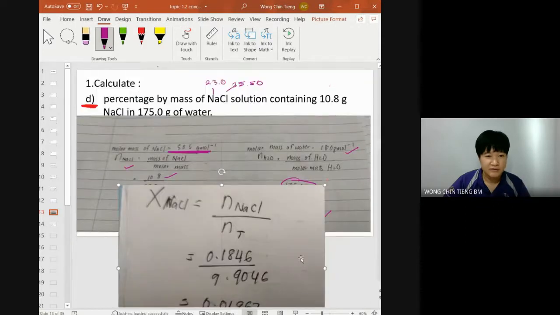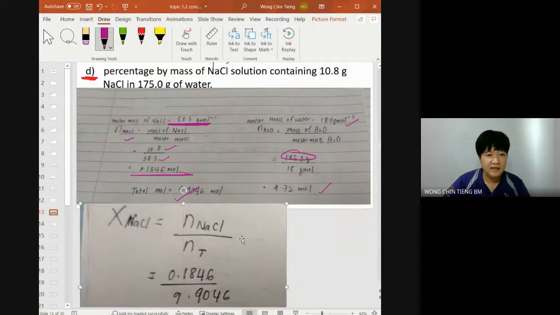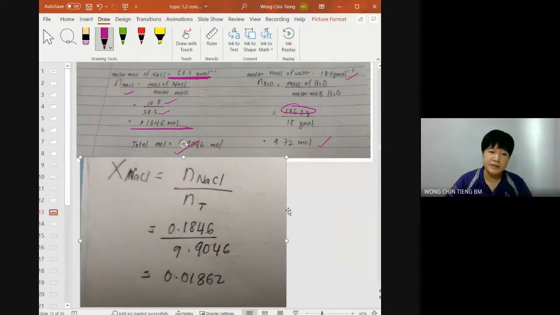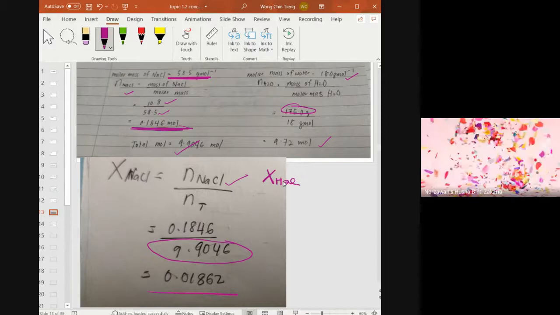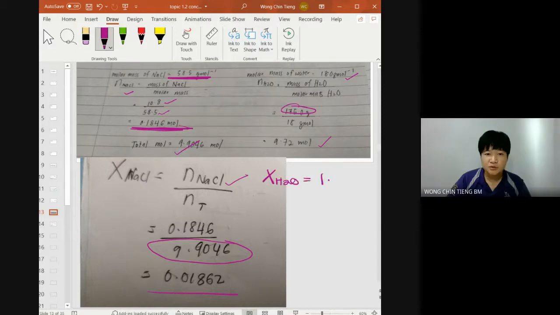Okay, and then from there, once you have both numbers of mole, I think that will be pretty simple and straightforward. Number of mole NaCl calculated 0.1846. Put it in. Number of mole total calculated, you get the mole fraction of NaCl. And how to get mole fraction of water? One minus that. One minus mole fraction NaCl.